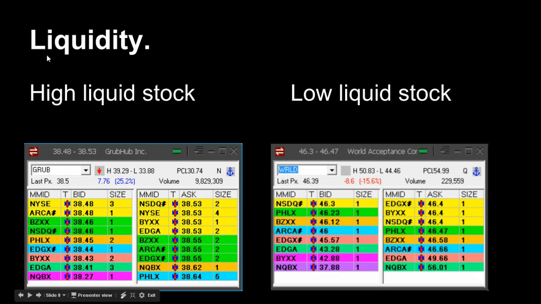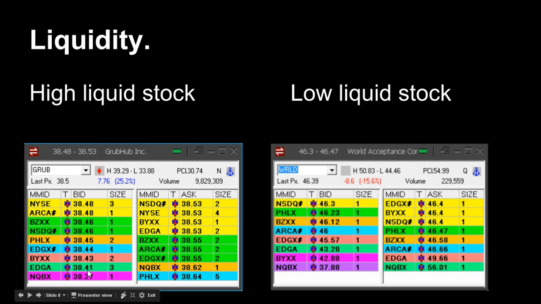This is liquidity, and let me explain what a highly liquid stock has in the level 2. As you can see, this is Group Hub, and it's a really liquid stock. 9 million, almost 10 million that day. A lot of people are watching this. Every single price level on the level 2 is really close to the other one.